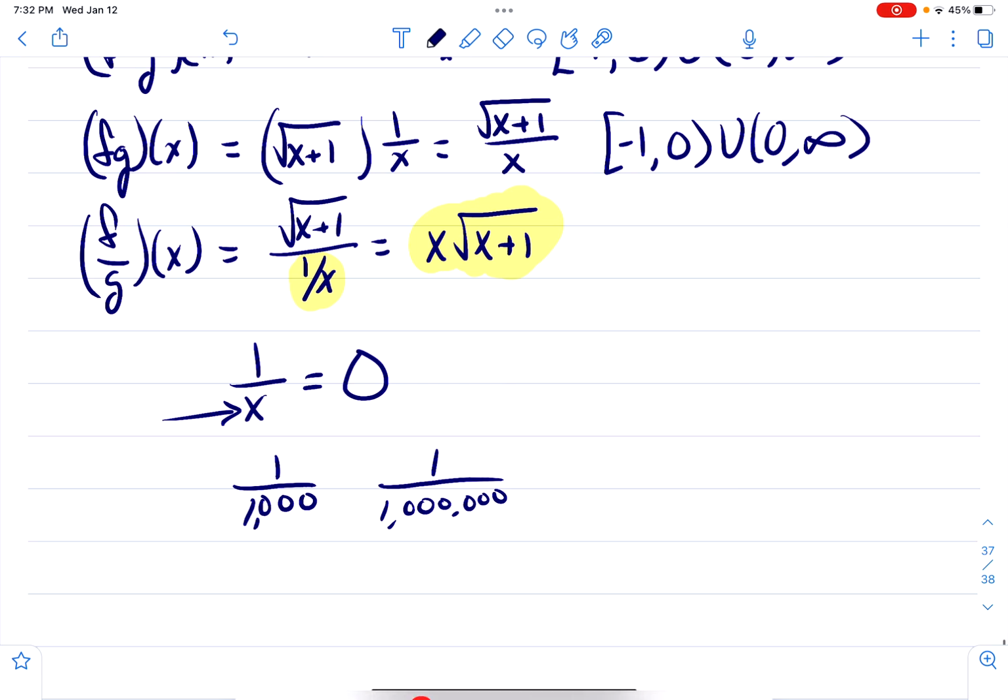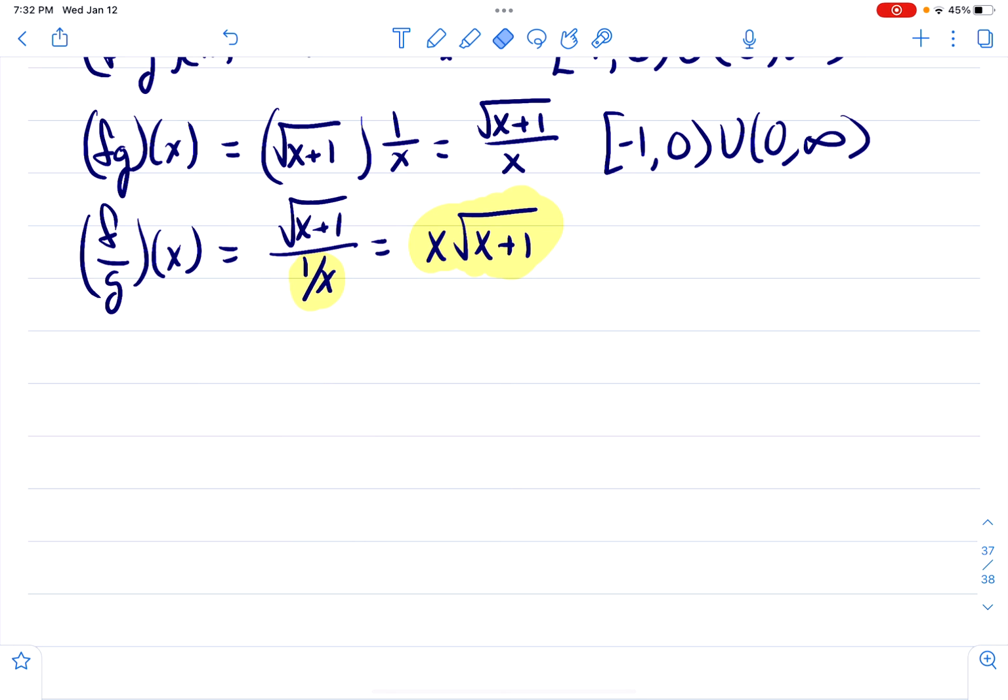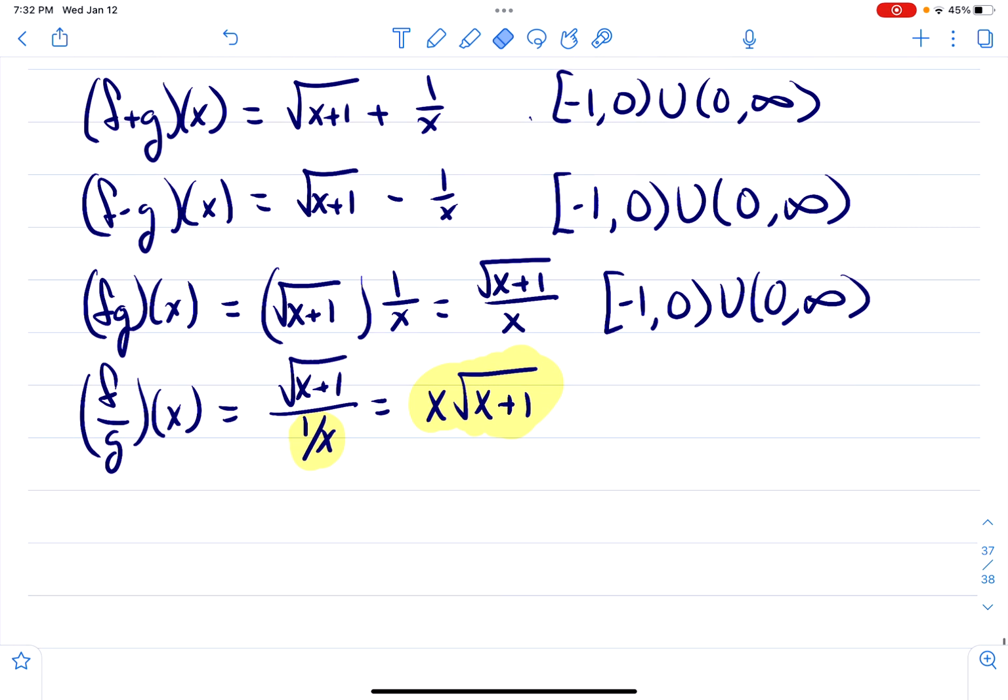There's no number that I can put in the bottom that makes that equal 0. So that's good news. That means there's no additional value that I have to take out. It's just negative 1 to 0 along with 0 to infinity. Yay! All right. So hopefully that makes sense.